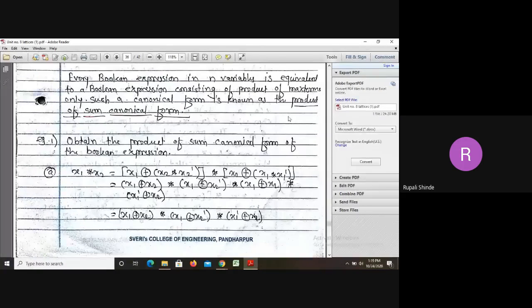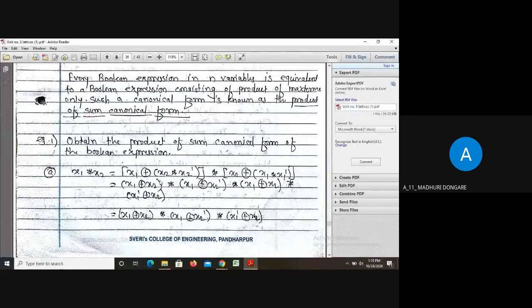So for PCNF, we take the OR symbol outside the bracket and the AND symbol inside the bracket while adding the missing term. Now apply the distributive law here: x1 OR x2 star x1 OR x2 complement. So here we have applied the distributive law for this first bracket. Have we understood how we have applied it?